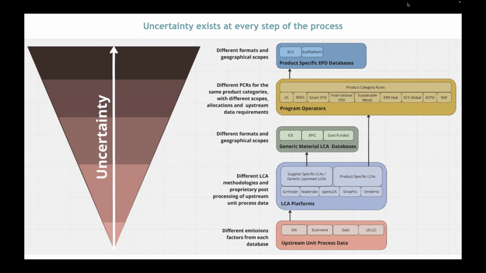And so the struggle here, just so the attendees understand, is that some data sets are free, which is great, and some data sets are not. So it's a struggle for PCR committees to decide whether they're going to stipulate the use of a background data set that everybody has to buy.